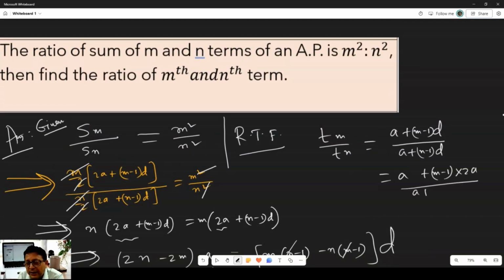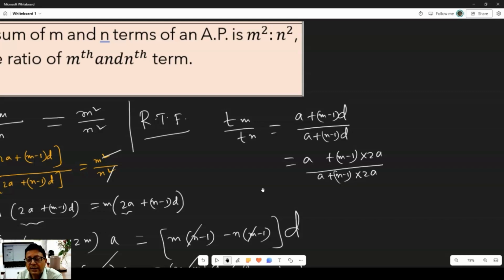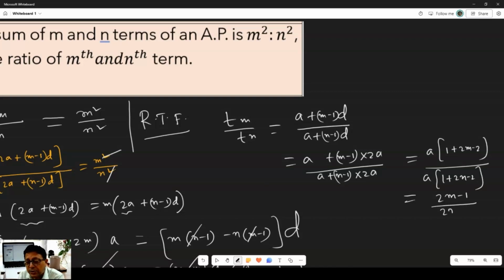This divided by n minus 1 into 2a. So take a as common. 1 plus 2m minus 2, over 1 plus 2n minus 2. So 2m minus 1 by 2n minus 1.